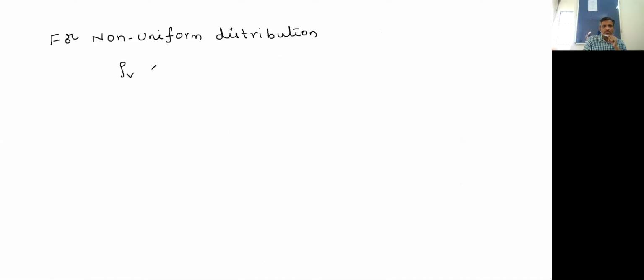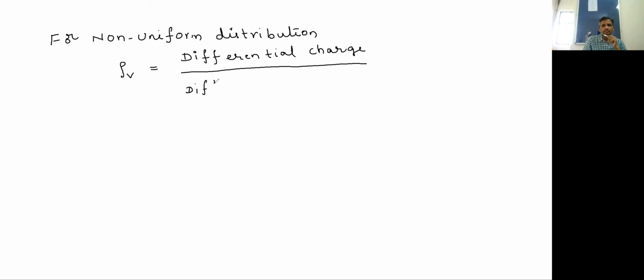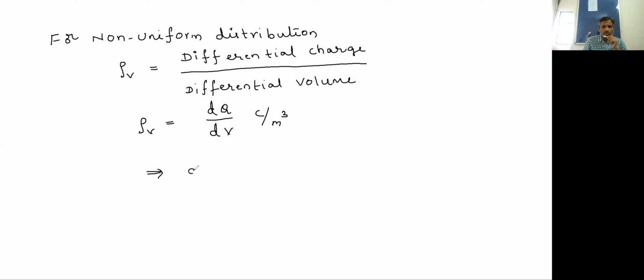Here rho v is defined as the differential charge to the differential volume. This is indicated as dq, and the differential volume as dv. Units will be the same, coulomb per meter cube, and rho v is equal to dq by dv. From this, if you want the total charge, dq is equal to rho v dv, but that is the differential charge.